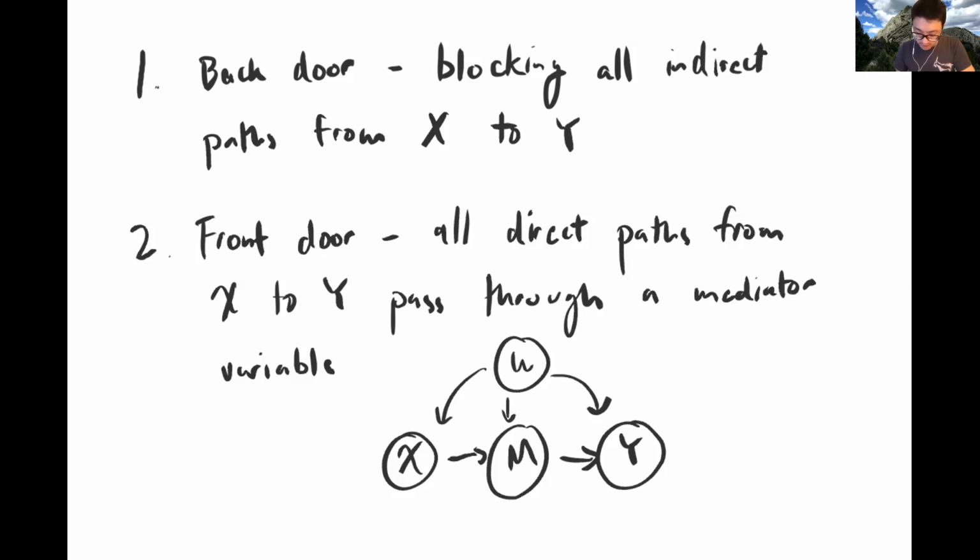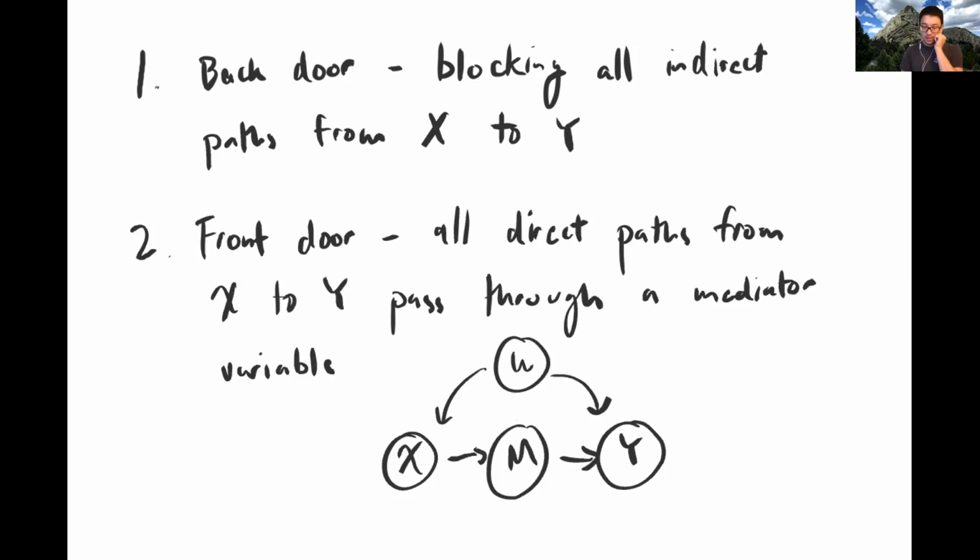Let me change the color actually so that it's not confusing. So you can't have any relationship between your confounding variable and your mediator variable, which can be difficult to do sometimes.